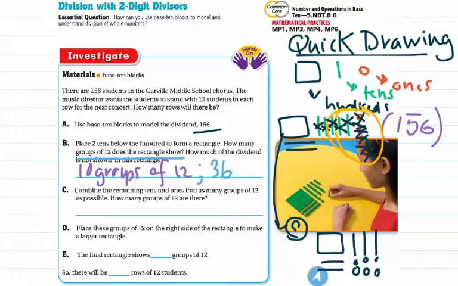Well, we know that there were 10 groups of 12 here. This would be 11 groups, 12 groups, 13 groups. So we drew an additional 3 groups of 12.